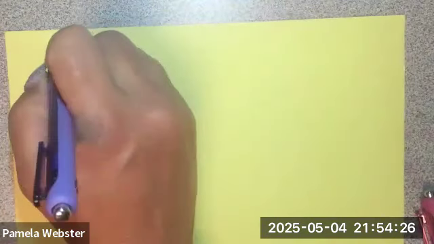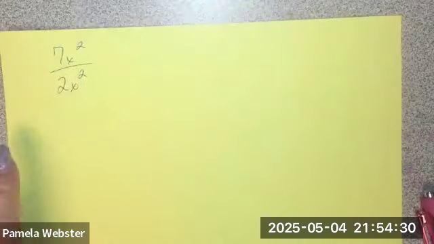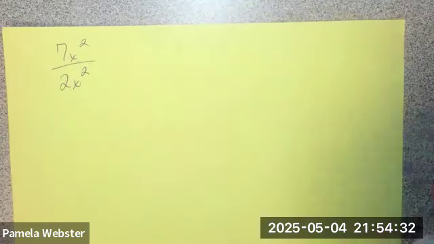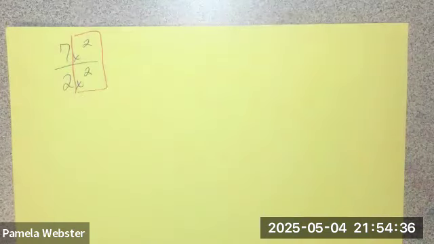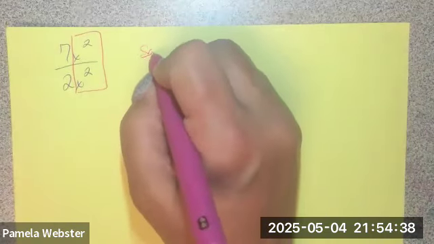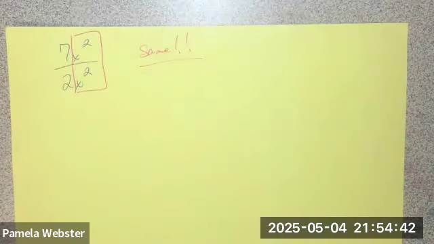And then the third situation is, again, still these same numbers, 7x squared over 2x squared. Okay. Now when I look at those variables, what about this tug of war? They're the same, right? They're the same. And so now I say, oh, they're equally as strong.